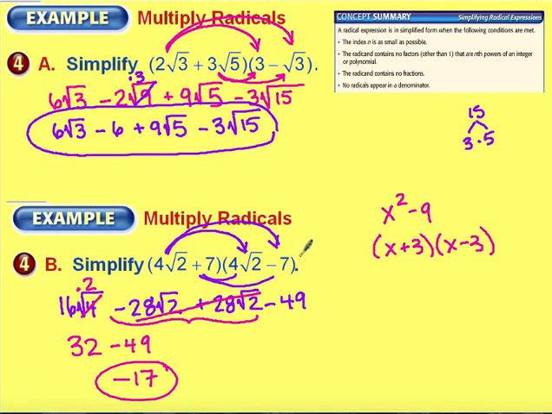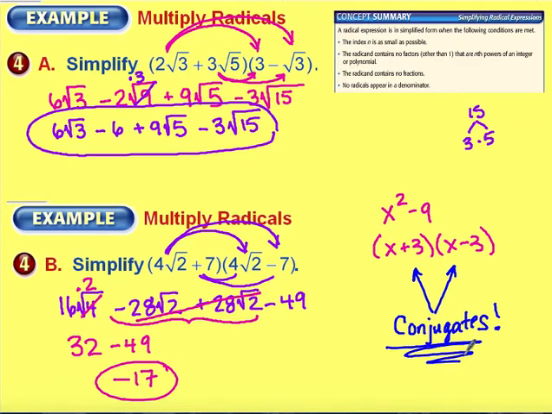These can also be called a special name called conjugates. We talked about that earlier in the year when we investigated imaginary numbers, which imaginary numbers are just simply radicals of negative 1. So these two values are conjugates, just like these two are conjugates.